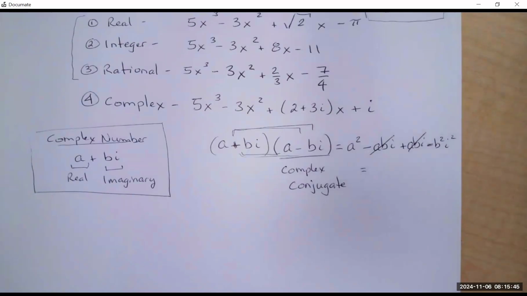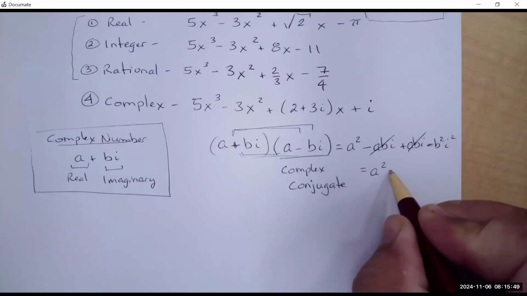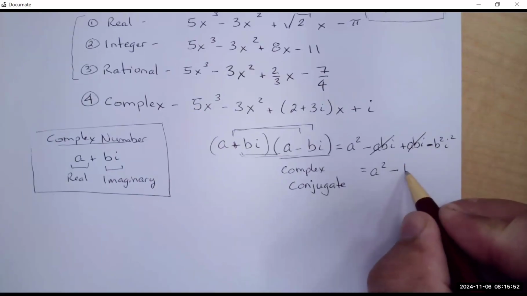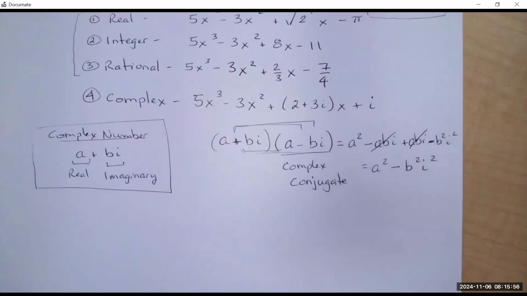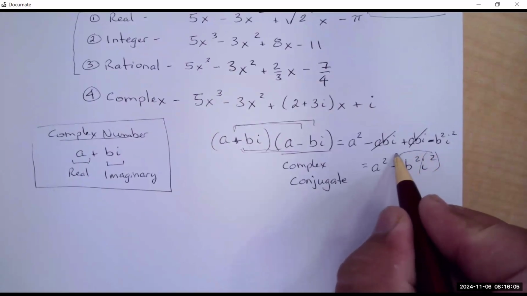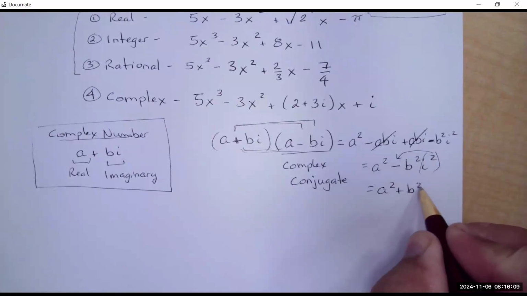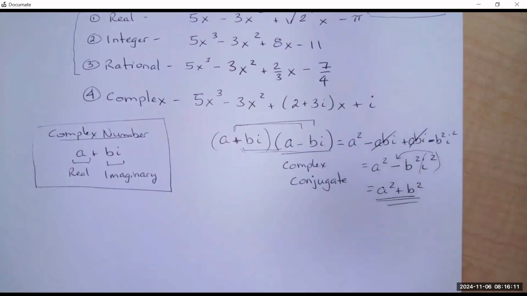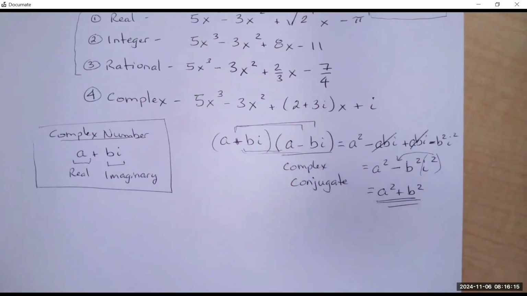These two cancel each other out. They're opposites of each other. So we have a squared minus b squared i squared. Well, what does i squared do? i squared is the same thing as -1. It changes the sign of its coefficient. So the complex conjugate gets rid of the imaginary numbers.